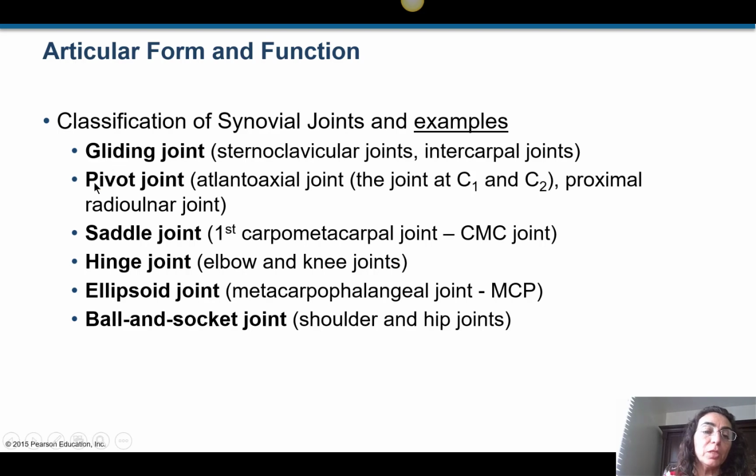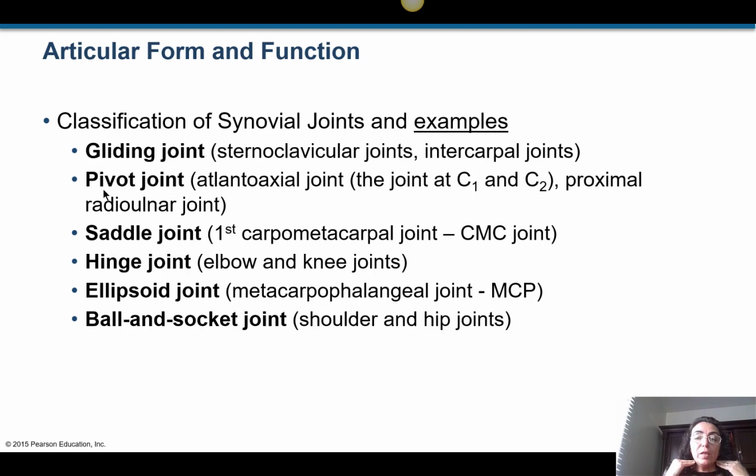Then the second type is called pivot joints. Pivot joints are the joints that move around one axis, right? For example, the joint between C1 and C2, the first and second cervical vertebrae.